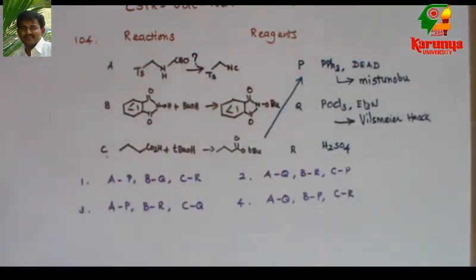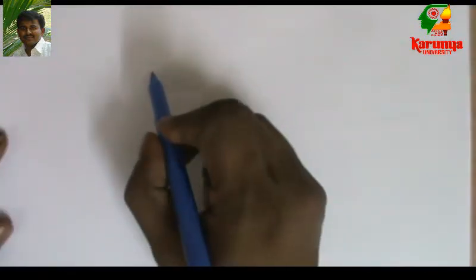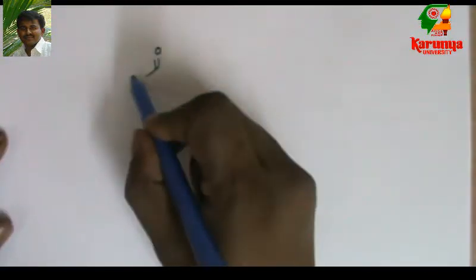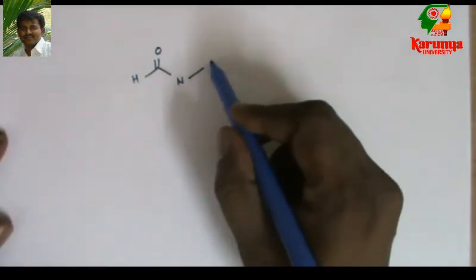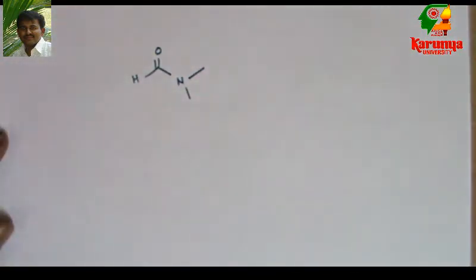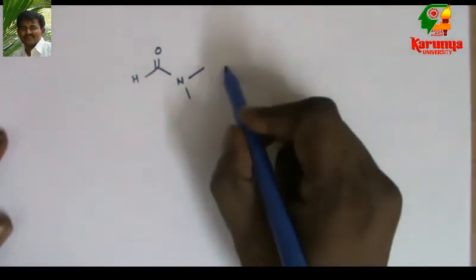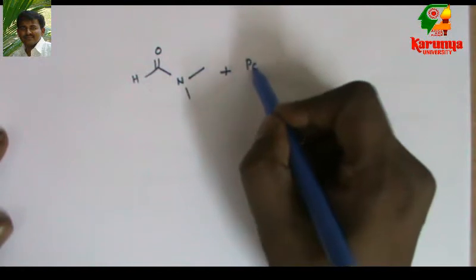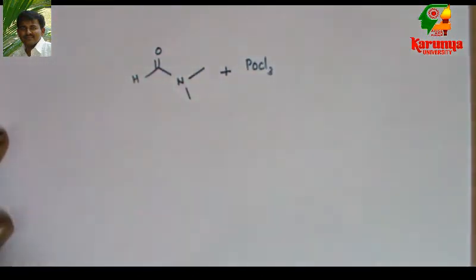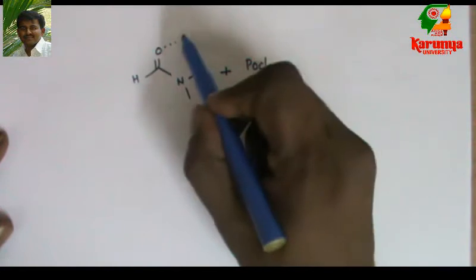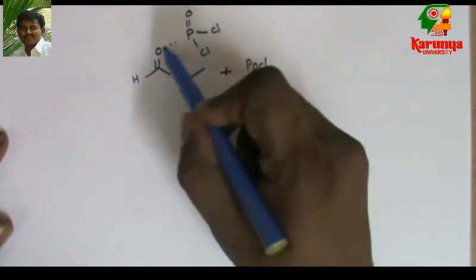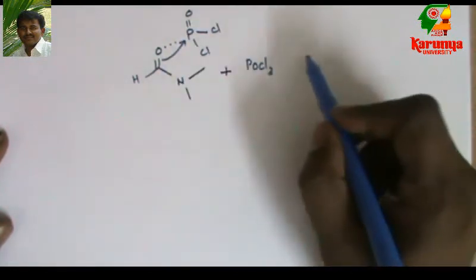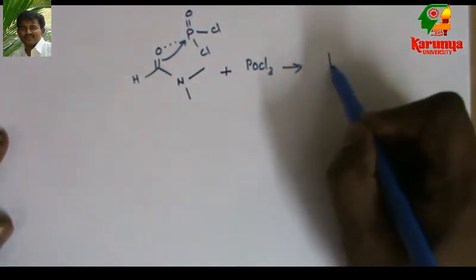Second one, it is POCl3 and triethylamine. You may be familiar with the Vilsmeier-Haack reaction. In this reaction, an amide, generally we go for DMF, dimethylformamide, is treated with POCl3. This attacks POCl3 to give an intermediate like this.